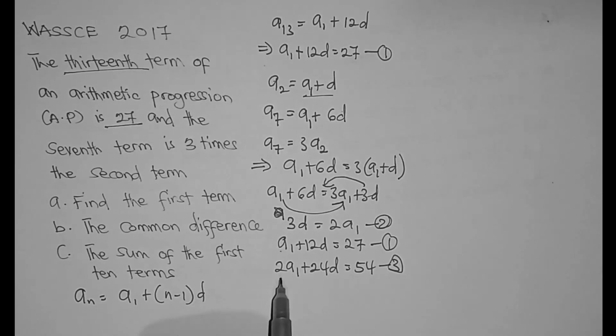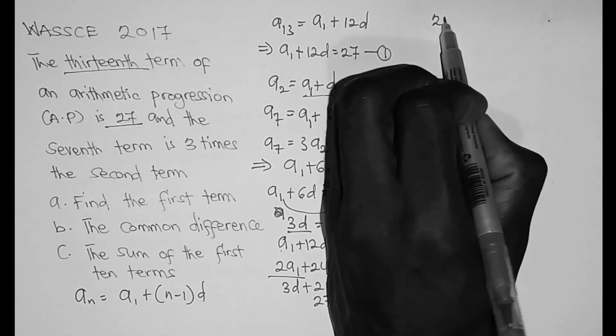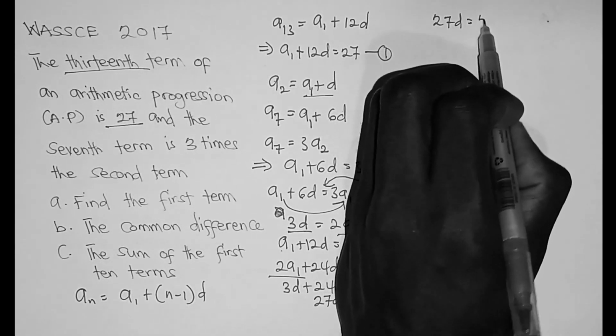And therefore we can substitute, because equation 2 says 2A1 is equal to 3d. So this 2A1 we replace with 3d. So 3d plus 24d is equal to 54. So 3 plus 24 is 27d equals 54.